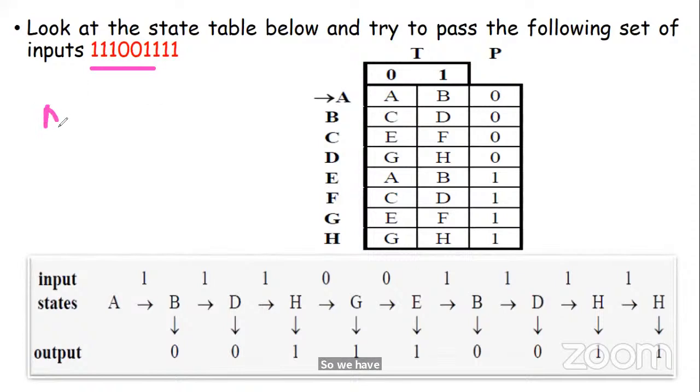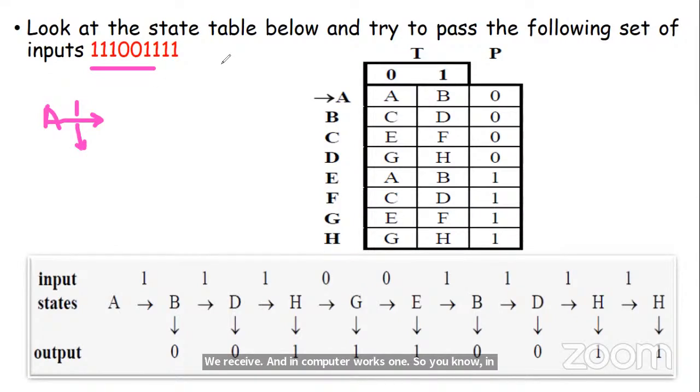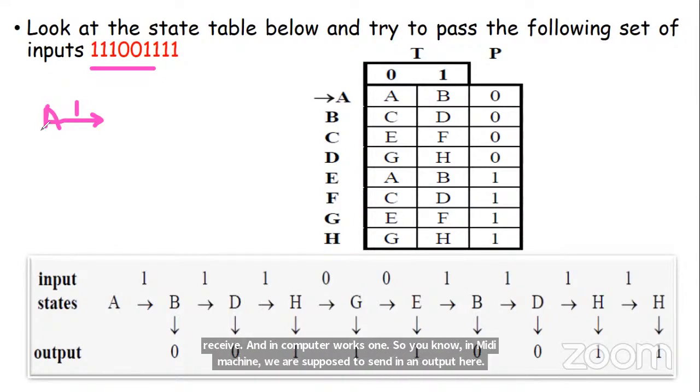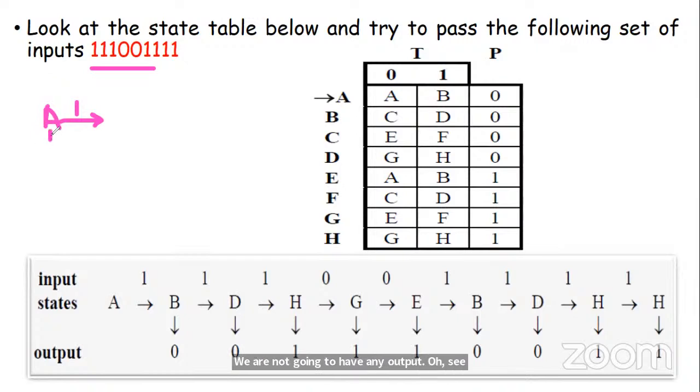We are at state A. We receive an input of what? 1. So in a Mealy machine, we are supposed to send an output here, but here we are not going to have any output. At state A, you receive a 1.